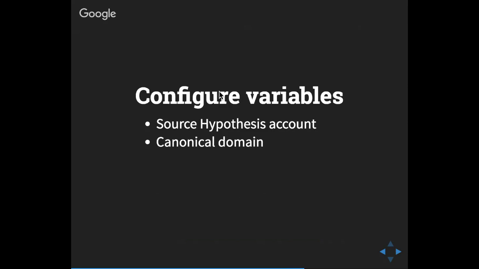So it's not pulling in arbitrary Joe Schmo or whoever. But we also need to specify what the canonical domain name is for the annotations to be rendered. And this allows us to have this appear not just on the production site, but on development and staging instances of the site.